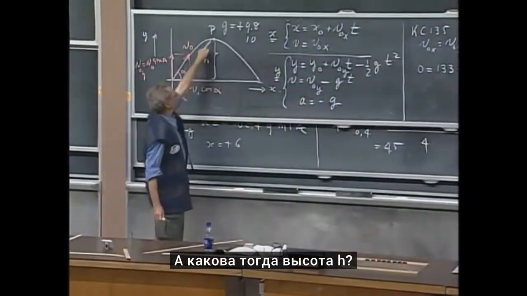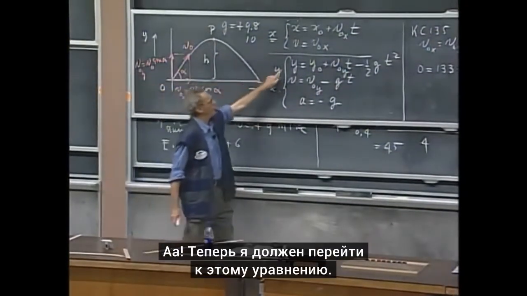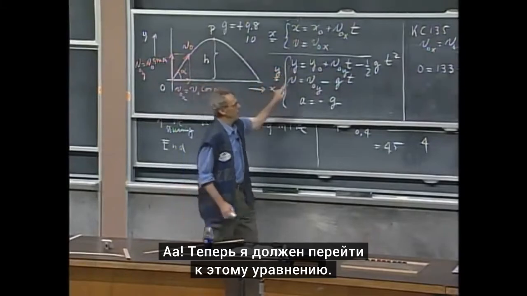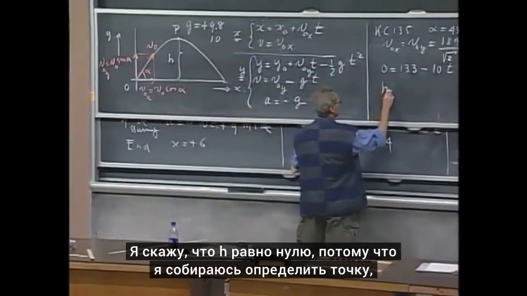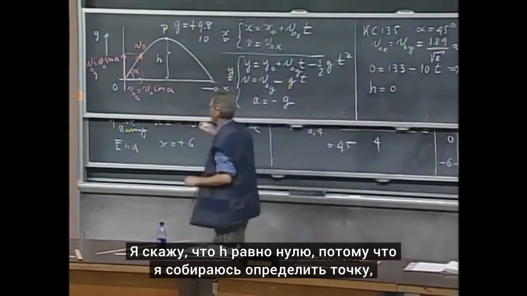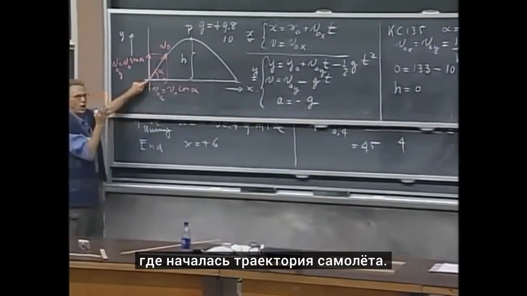And what is this distance h now? Now I have to go to this equation. I say y0 equals 0, because I'm going to define the point where the plane starts its trajectory.